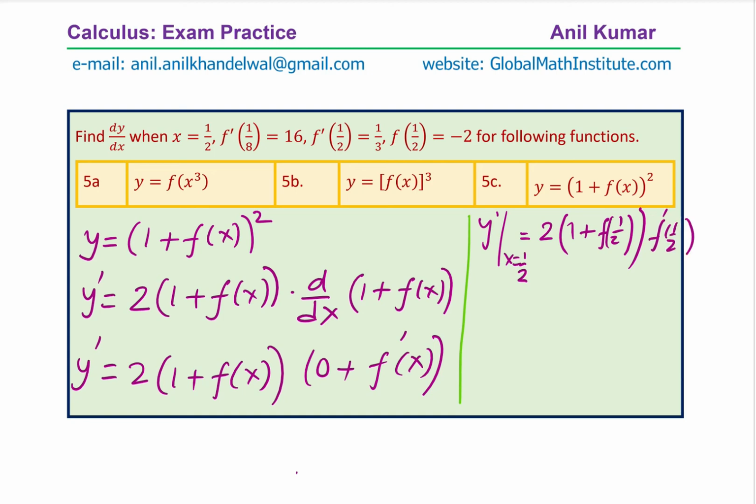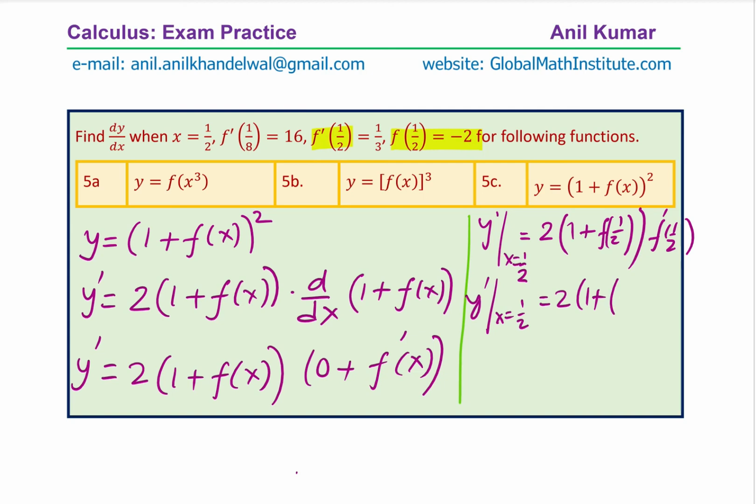So that is what we are interested in finding. So we get the result as 2 times 1 plus f of half, which is given to us as minus 2, and f prime of half is given to us as 1/3.